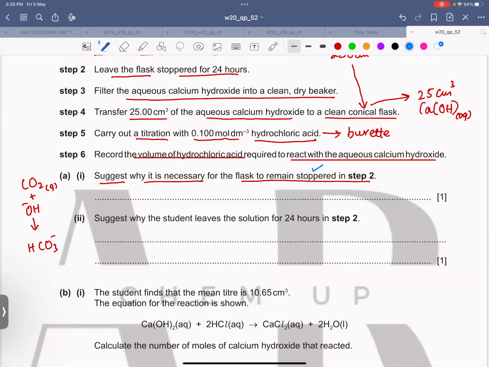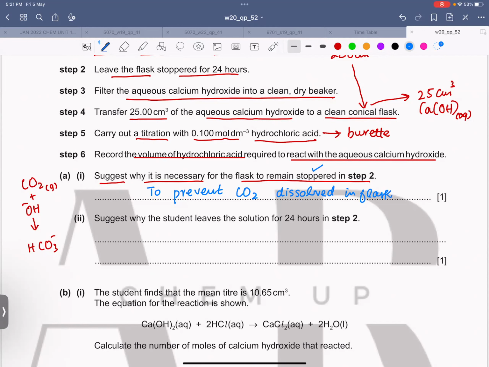So, to prevent carbon dioxide dissolving in the flask.